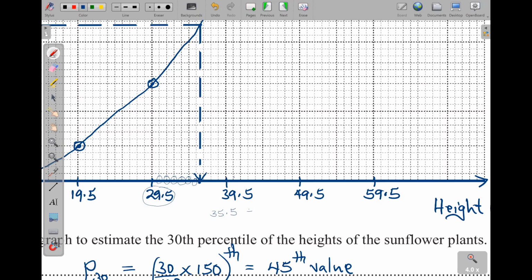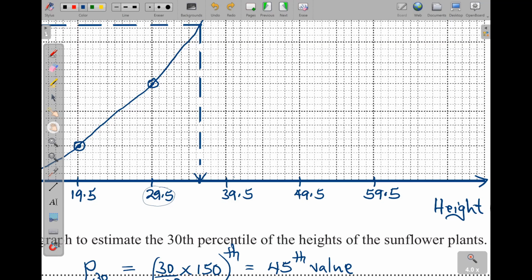So plus a half of a small box here is equivalent to 1. Okay? So we are adding a 0.5. So a small box is equivalent to 1. So we shall add a 0.5 because it is a half of a small box here. And then our answer becomes 36. So based on mine here, I have 36.